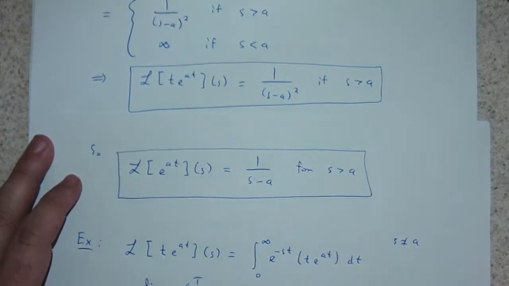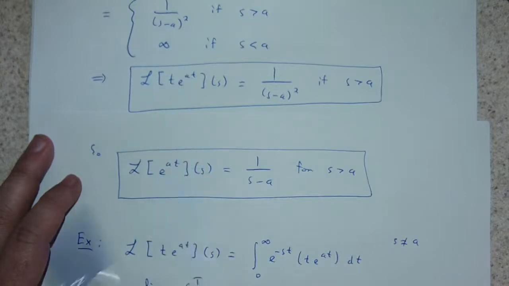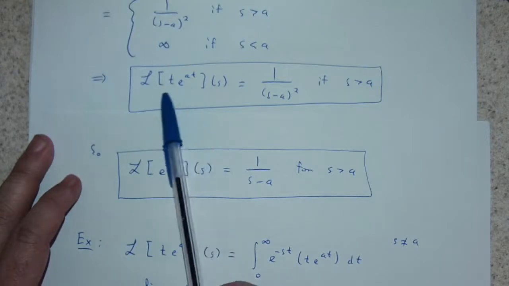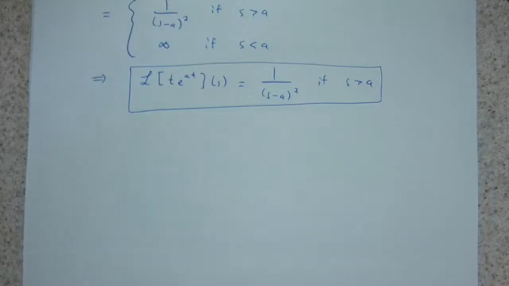But we'll see that actually this is our first special case of a formula or a relationship between the Laplace transform of a function and the Laplace transform of t times the function. So multiplying by t is doing something that may not be that apparent here, but we'll see that later. Okay.